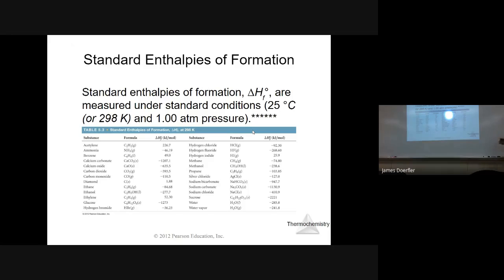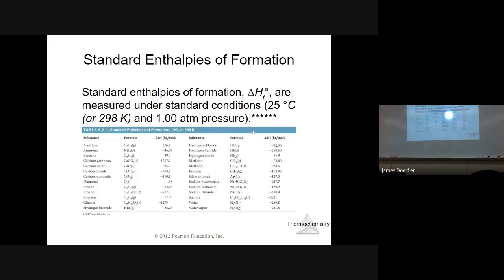So this is a very important slide. As you see here, I have many asterisks. See that? Right there? Okay. So these standard enthalpies of formation are measured under standard conditions, okay? That term, standard conditions, might pop up next week under a certain exam, okay?